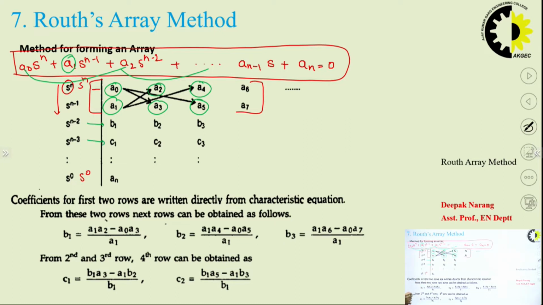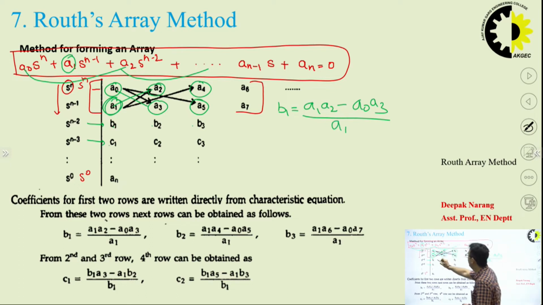In the next rows we are supposed to find these values B1, B2, B3, C1, C2 and so on. How is B1 obtained? B1 is obtained by cross multiplication: A1 multiplied with A2 minus A0 multiplied by A3, divided by A1.